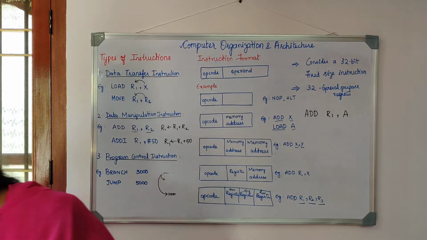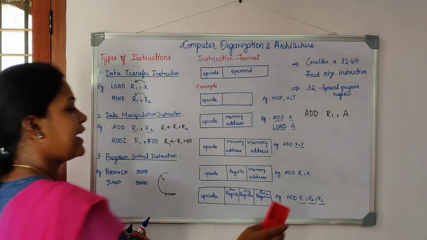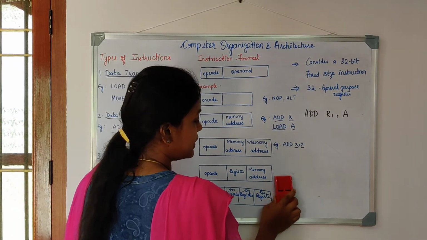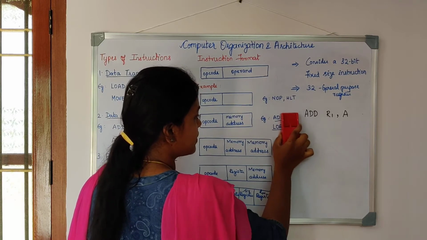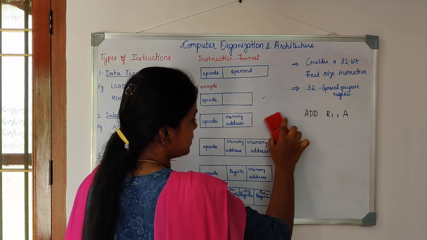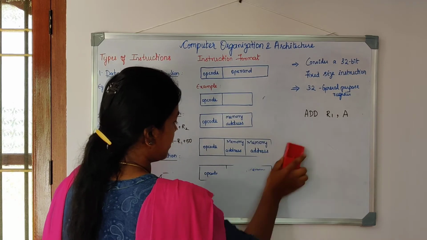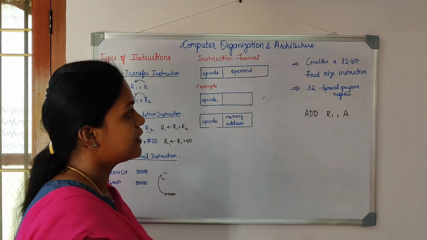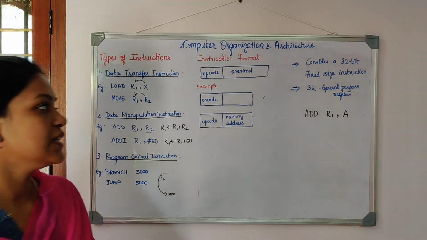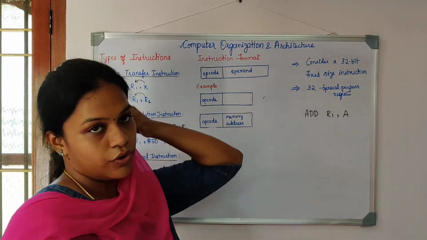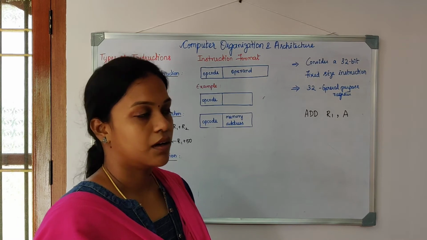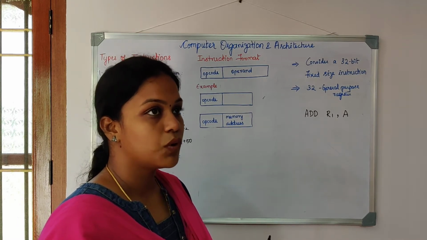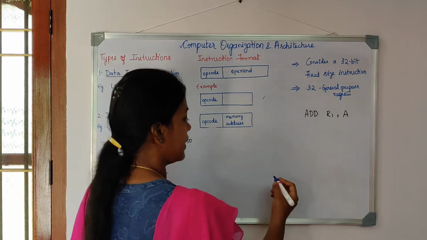Now we'll take an example and see how the instruction format is designed. I'll draw this. Consider a 32-bit fixed size instruction. So we are going to deal with the fixed size instruction because that will be a comfortable one for understanding.